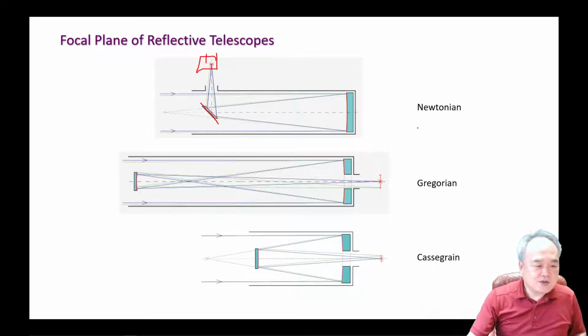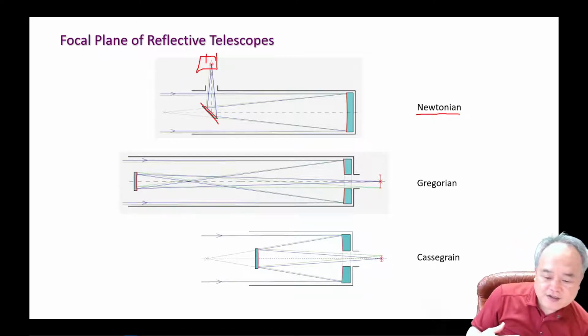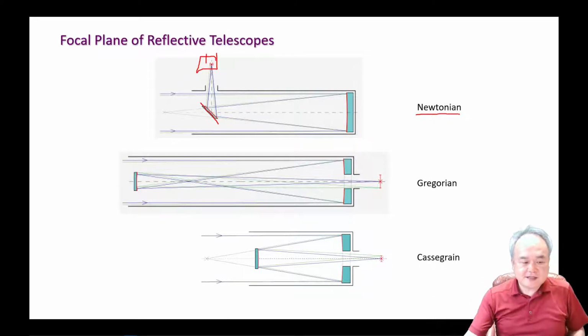This Newtonian telescope was a really good invention and was used a lot in the early days of the reflective telescope.